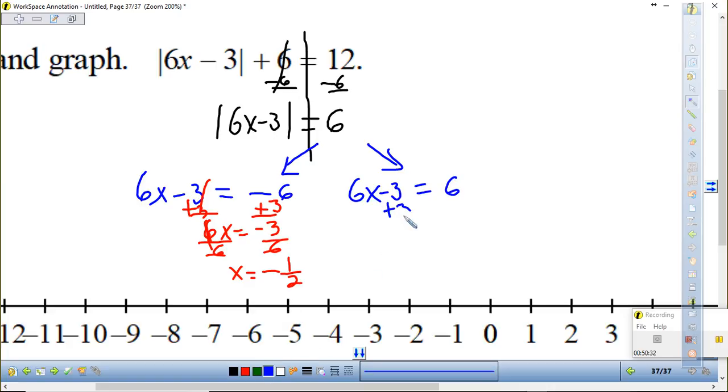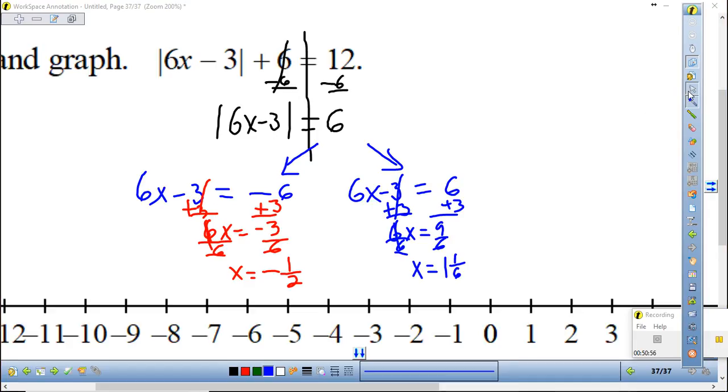Okay. Plus 3 plus 3. 6x equals 9. Divide by 6, divide by 6. X equals 1 and what? 1 and 1/2.